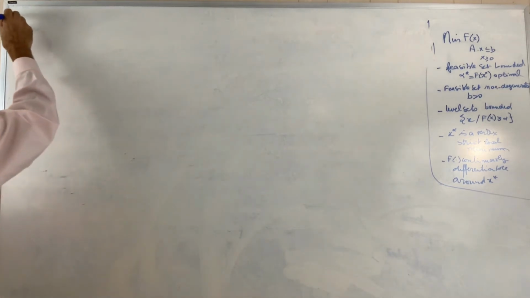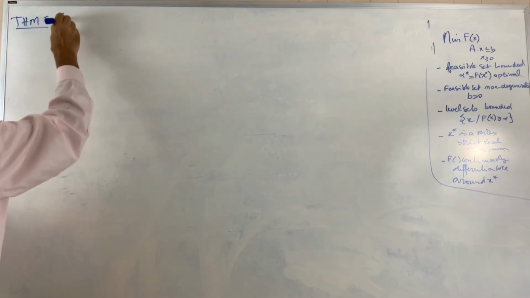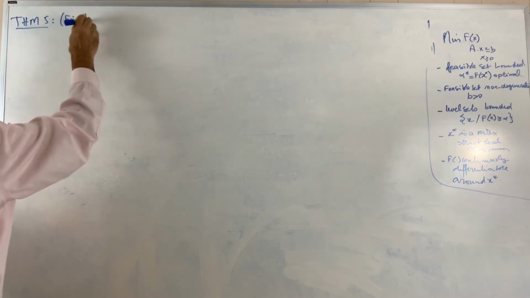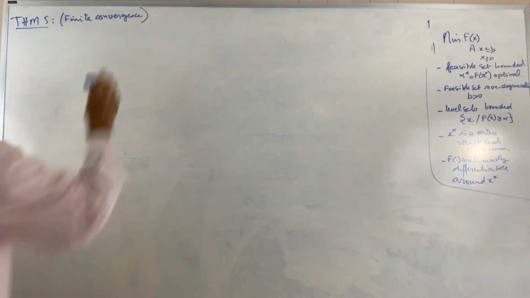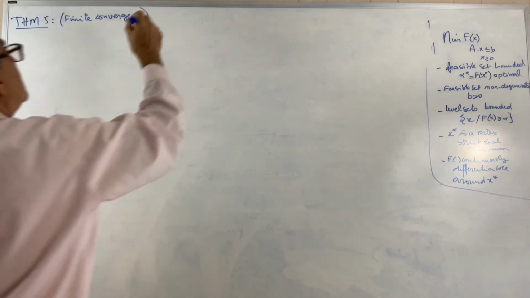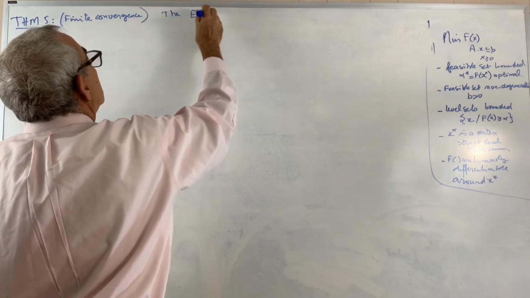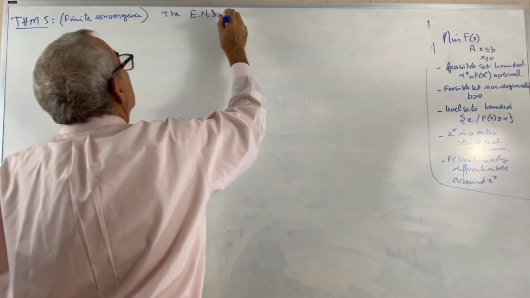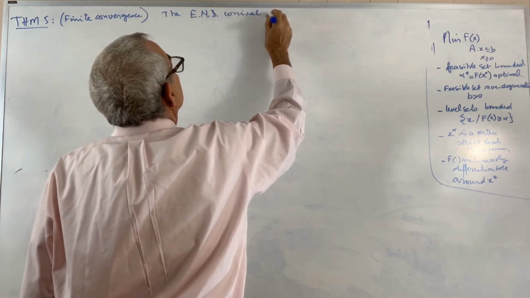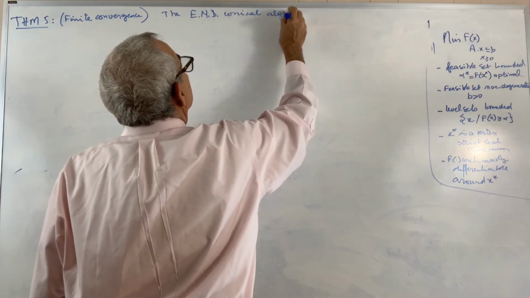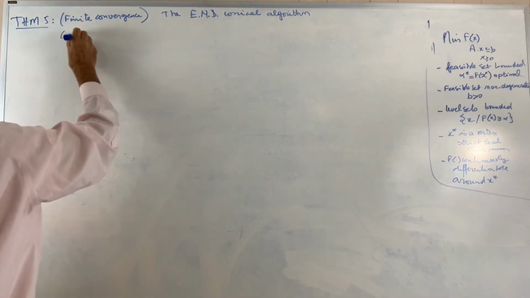So theorem 5, and this is finite convergence. The exhaustive non-degenerate conical algorithm converges in a finite number of iterations.